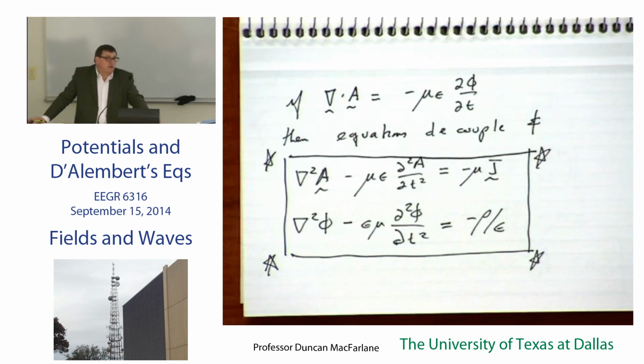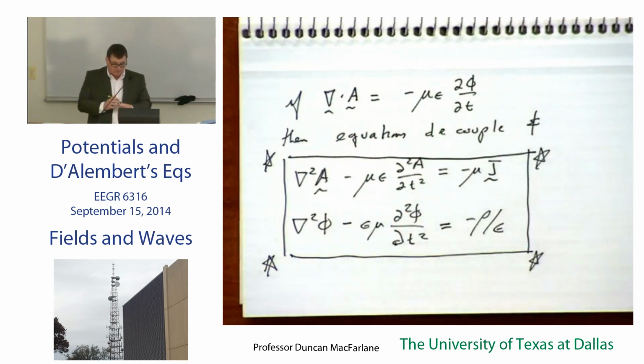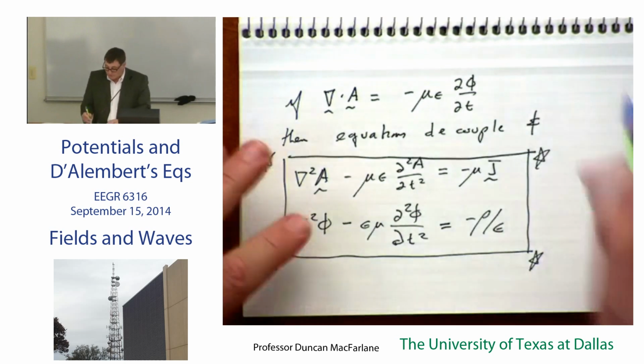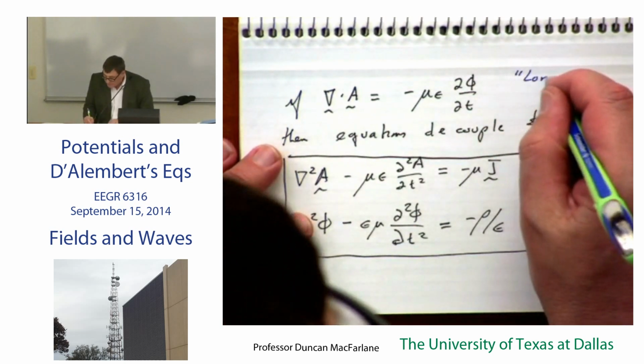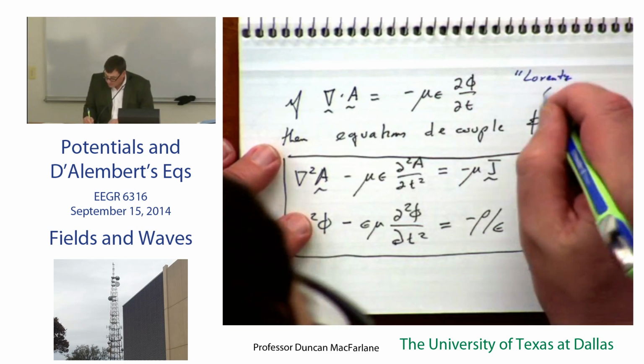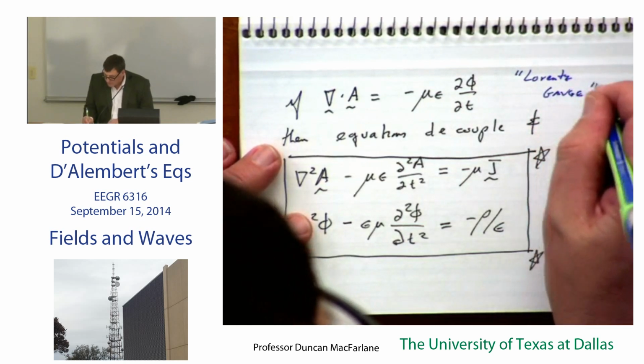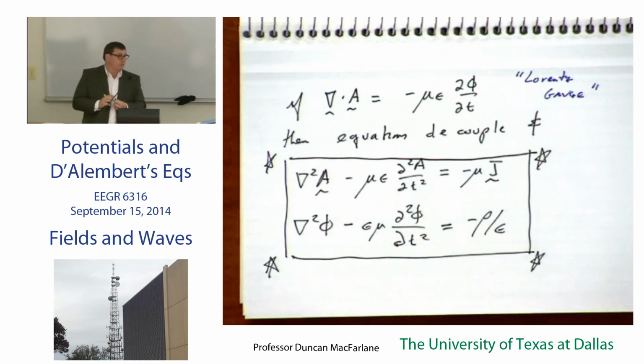Now, those of you who are really troubled by the spending of this degree of freedom, you will take great solace in the fact that I can name this. That condition is formally called the Lorentz Gauge.